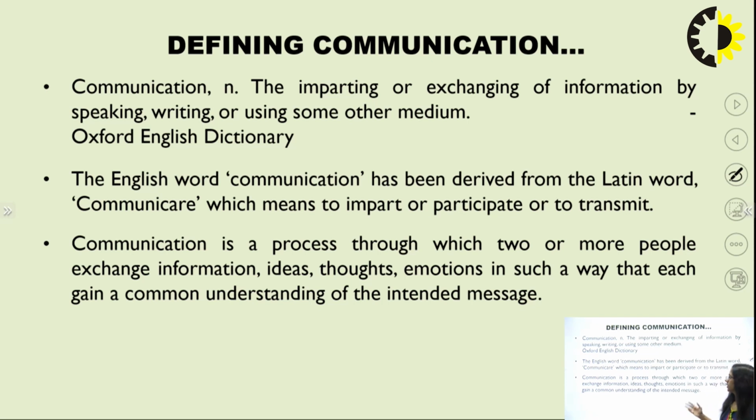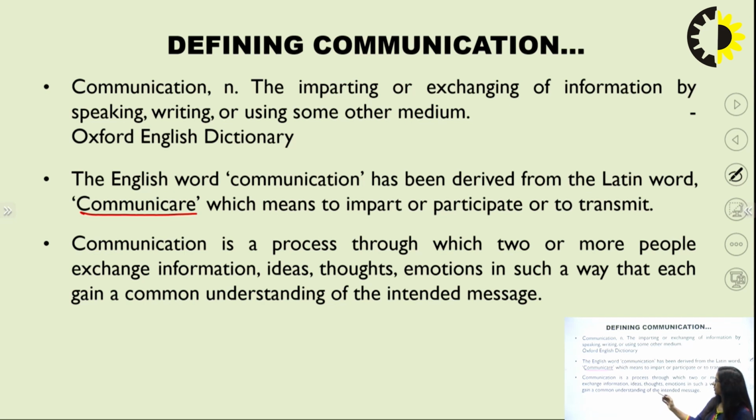The word communication has been derived from the Latin word communicare, which means to impart, to participate or to transmit. The word communicare has been derived from the root communis, which means to make common or to share.